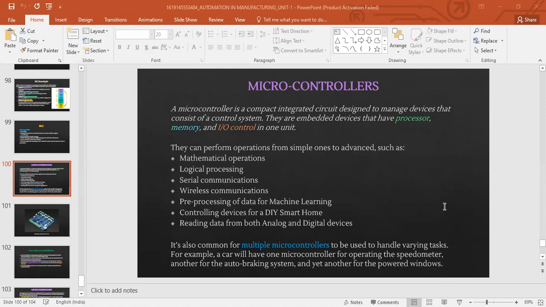Anti-lock braking system, right? You are trying to give signals to the brakes. We're trying to stop the vehicle by not continuously braking. It's not like the brake disc will continuously press the brake pad.